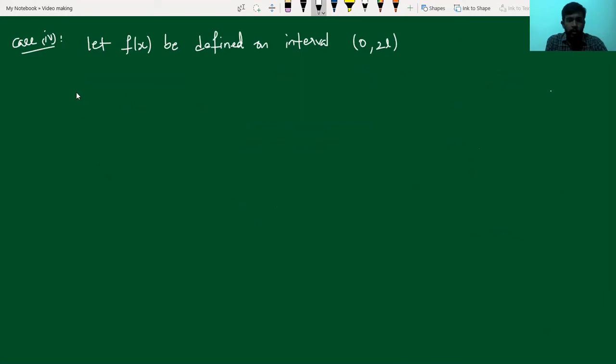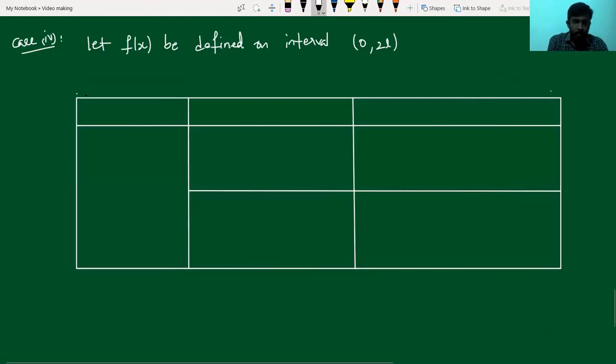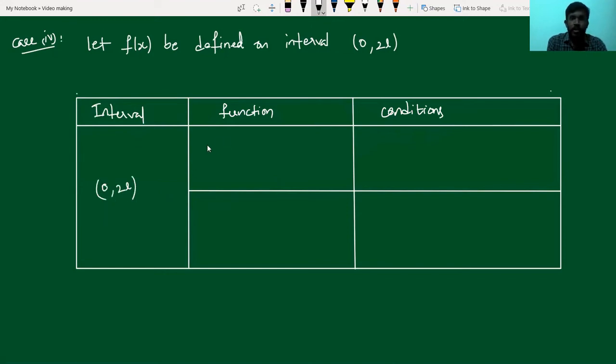Then we take up columns again: interval, function form, and the next column is the conditions to test the odd and even nature. As mentioned in the above case, the interval is 0 to 2L. So let f of x be continuous here.